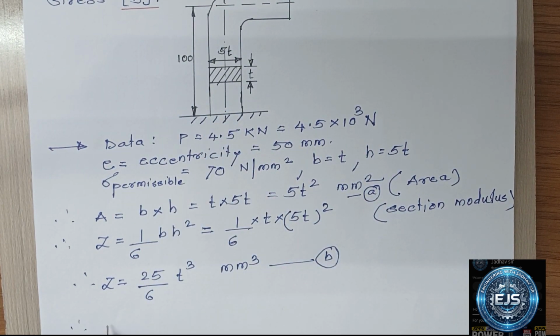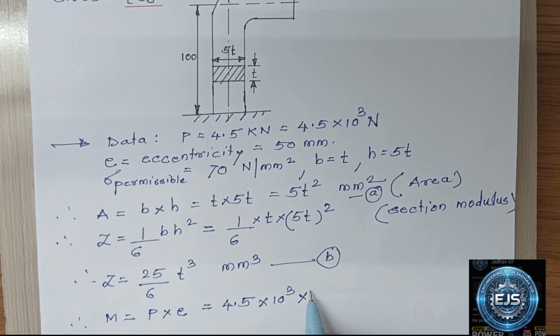So we'll calculate bending moment M. M is equal to load into eccentricity E. Load in this problem is 4.5 into 10 raised to 3, multiplied by E, the eccentricity, which is given as 50 mm.